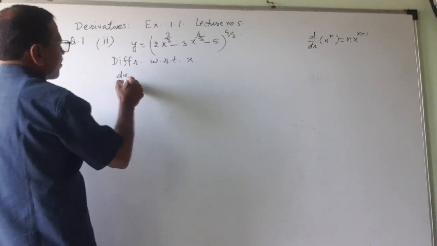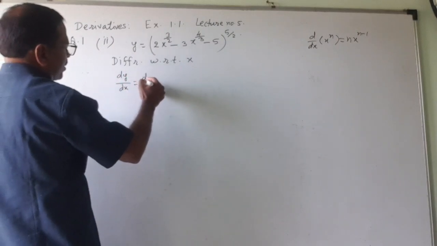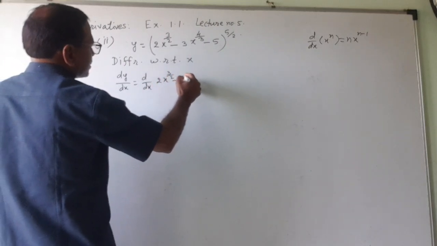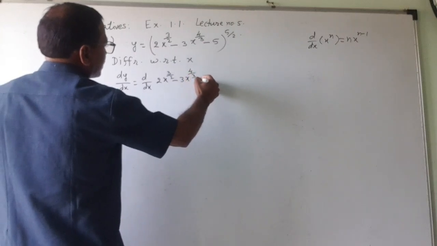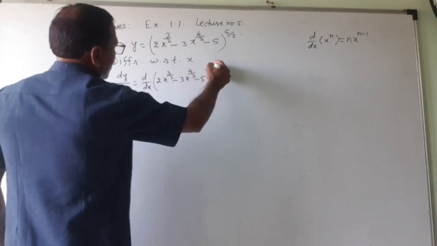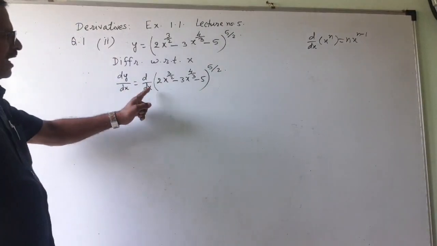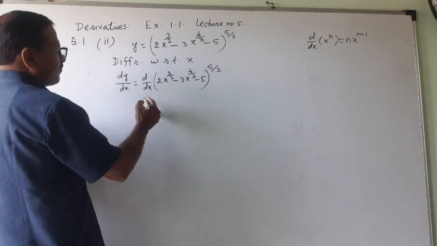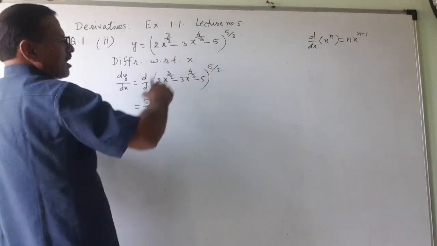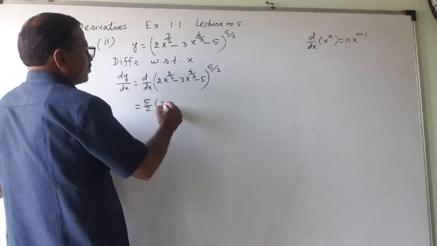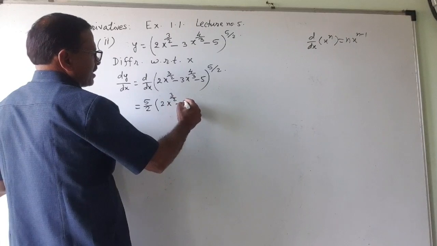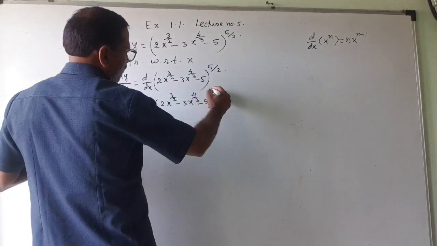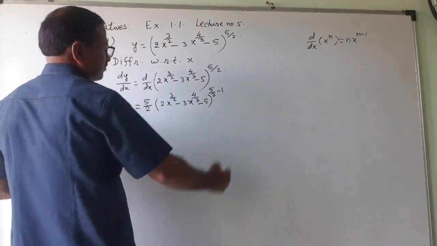The derivative of y, dy/dx, is equal to d/dx of (2x^(3/2) - 3x^(4/3) - 5) raised to 5/2. I have just written that I am going to take the derivative. So that is equal to, n is 5/2, see that formula, into (2x^(3/2) - 3x^(4/3) - 5) raised to 5/2 minus 1.